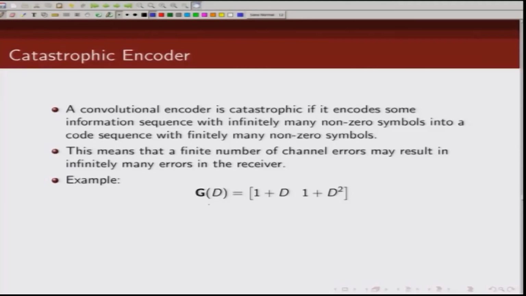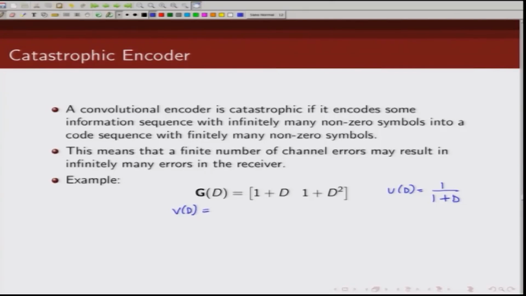Let us take an example of this. Consider an encoder with generator matrix G(D) given by [1 + D, 1 + D^2], and let us feed an input which is a sequence of all ones, which I can write as 1/(1 + D). If this information sequence passes through this encoder, what would be your output sequence?